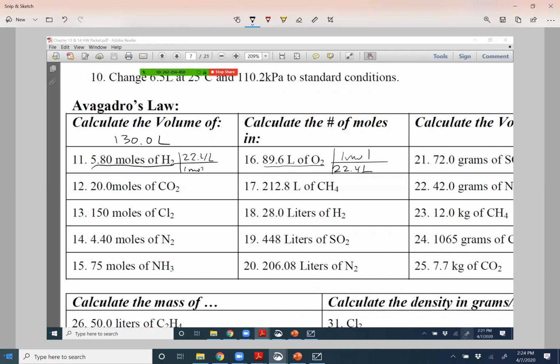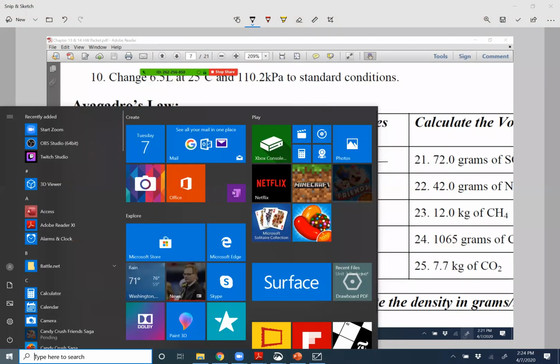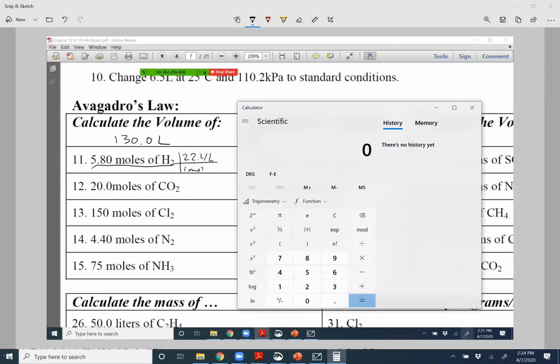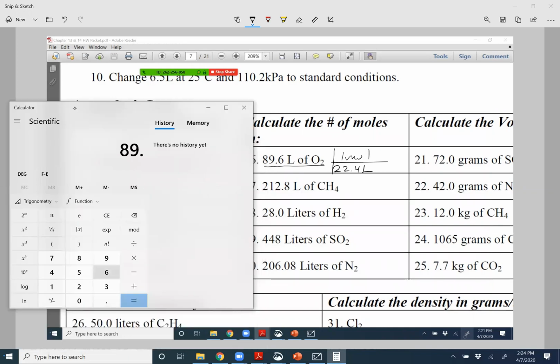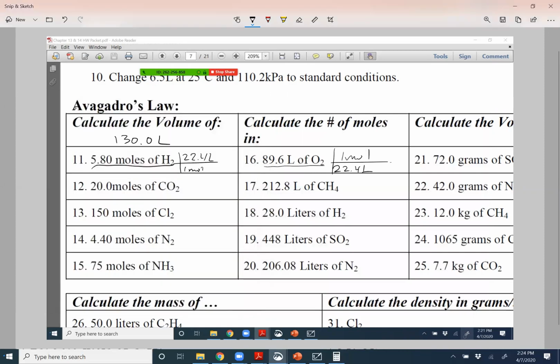And so we'll just do 89.6 divided by 22.4. So this is 4 moles of gas. So what's cool is any balloon that would be this size, a 90-liter balloon, would have 4 moles of gas in it. Pretty cool.